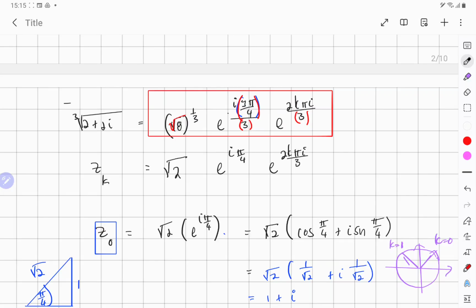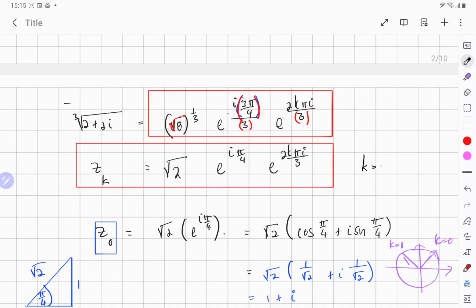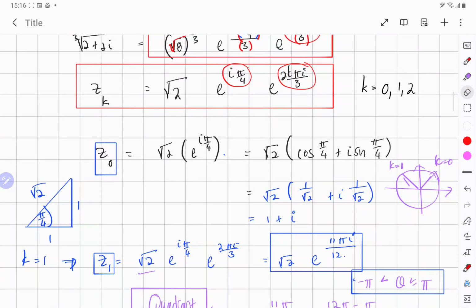It just makes the process much easier. Now I have my very important formula for my 3 roots. Therefore, it's very important to write k is going to be 0, 1, and 2. When I simplify 3 pi over 4 over 3, I get pi over 4, so I get i pi over 4, and this fraction will be equal to that. Now let's just do these quickly.